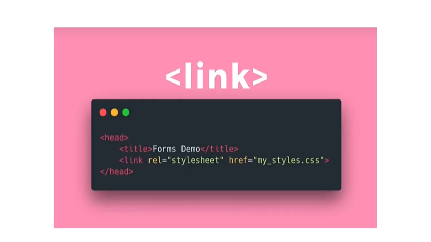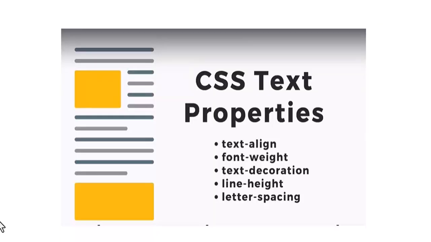This is the third way of writing the style, and this is an example of the external style sheet. You design an external style sheet, and then you make a link in your head, link rel, you relate the style sheet and href, you give reference to that page. So my style, for example, is the page name, and .css is the extension.